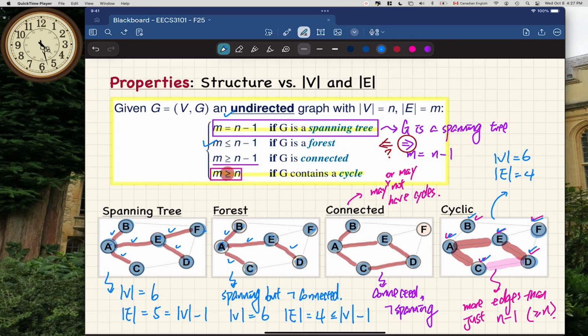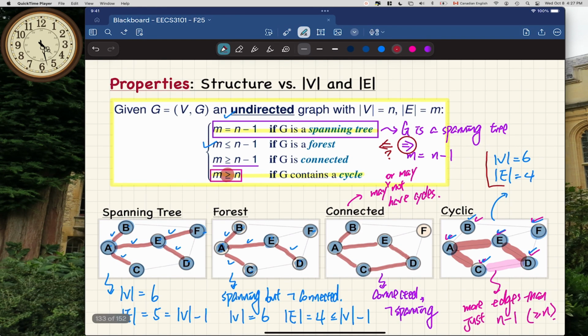There might be some missing assumption here. Will we apply it when it's connected? It might be. Okay. Let me put this as a question mark. I'll look into this. Interesting. Okay, I'll get back to you on this. There might be some missing assumption I didn't mention in the property. I'll double check. Good. Okay, thank you. Good. I think overall, we just have to know this. I'll come back to this for clarification.